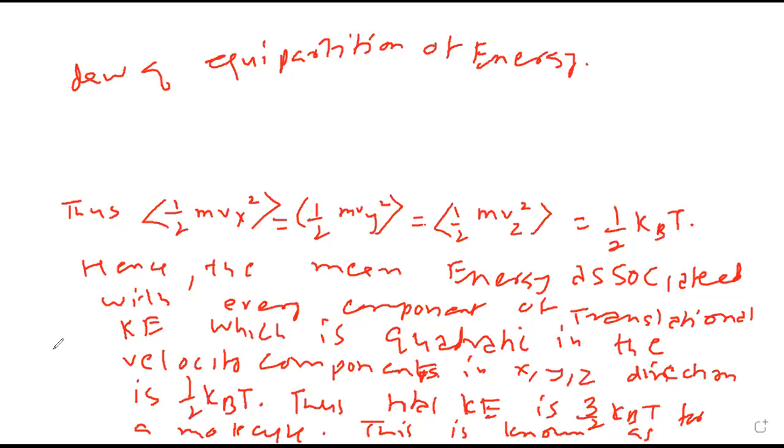Yes, can I clear this now? So actually speaking, law of equipartition of energy is nothing but energy is equally distributed in each component: along x half kBT, along y half kBT, along z half kBT.